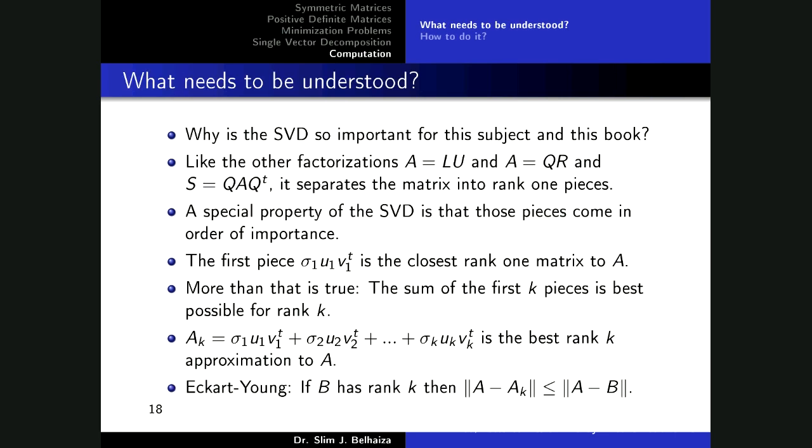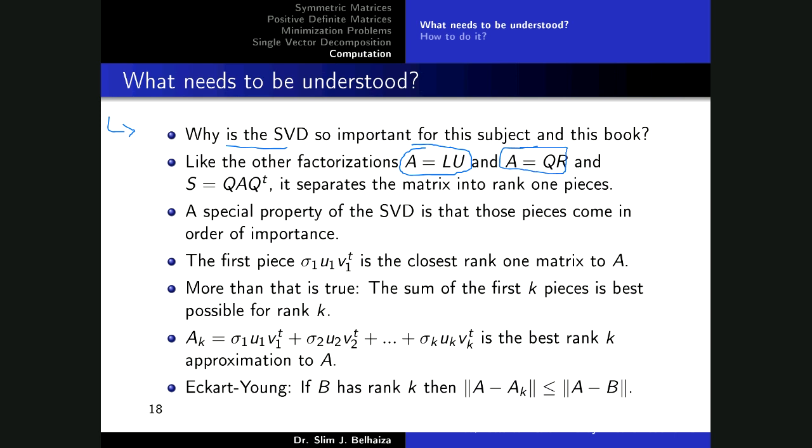What needs first to be understood is important. Before you work your way on finding a solution to a problem, you need to deeply understand what is beyond. So like other factorizations we've seen, the first one was the LU elimination or the QR elimination, which was very simple.